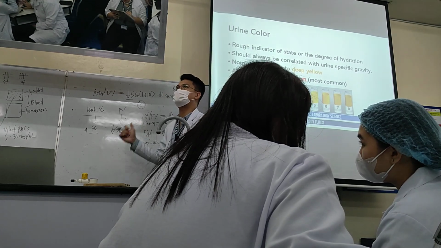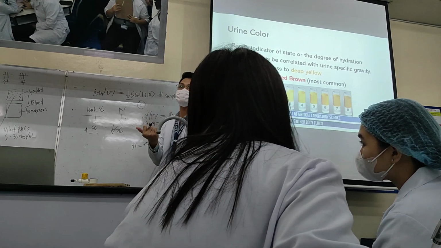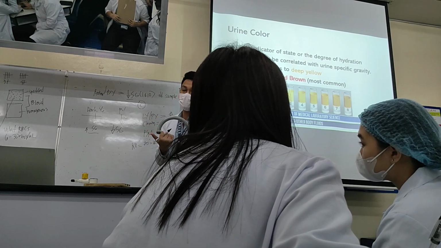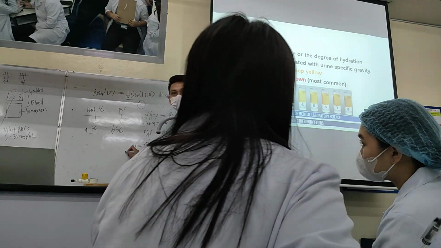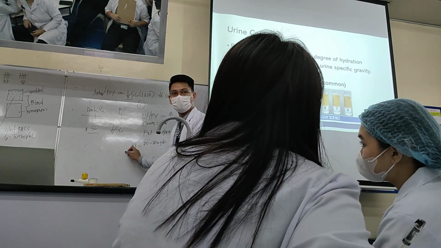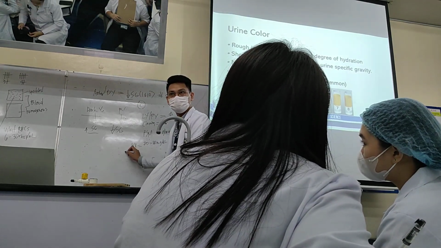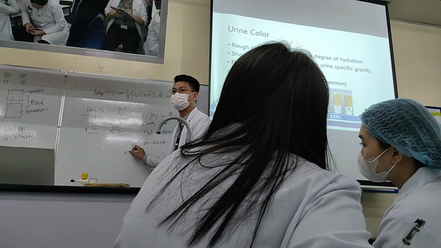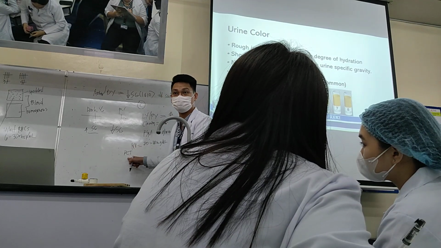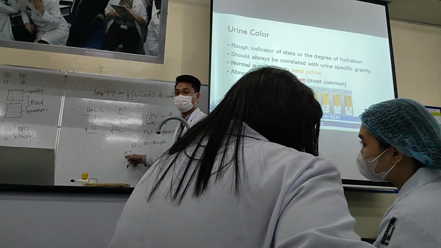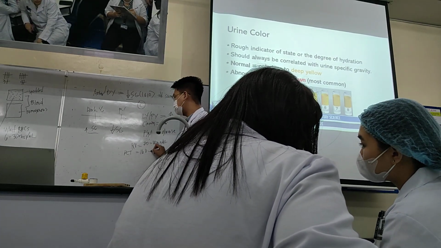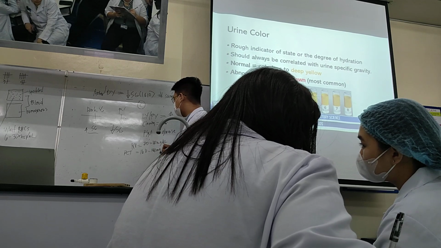Very specifically, in your kidneys or nephrons, where is glucose majorly absorbed? Distal, PCT, or collecting ducts? PCT. The proximal convoluted tubule is the major absorption site of your glucose, and the renal threshold of your PCT is 160 to 180 mg per dL.